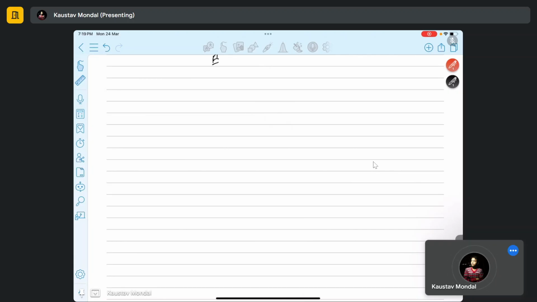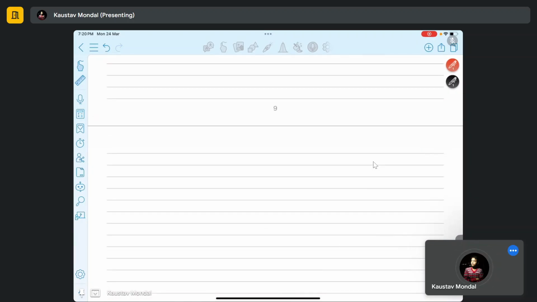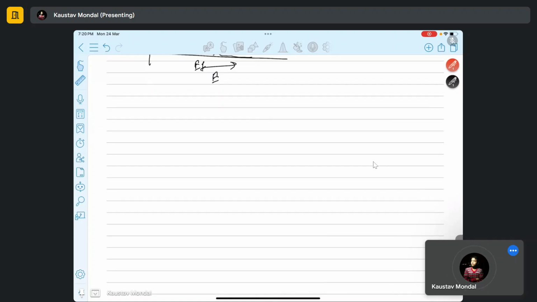Similar types of problems. Let's take the first problem, some extra problems.